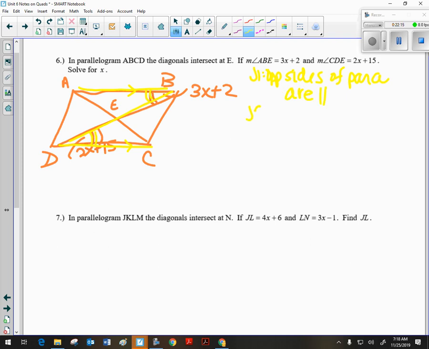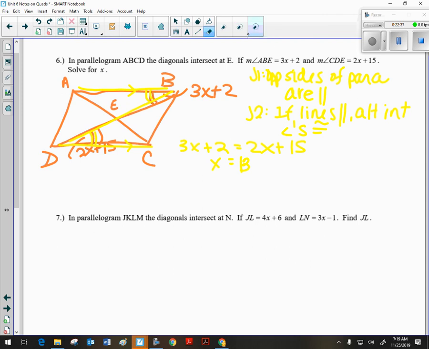But justification 2 is that if your lines are parallel, the alternate interior angles are congruent, which means that the 3x plus 2 is going to equal the 2x plus 15. And then when I go through and solve this, I end up getting that x is 13. X is equal to 13.